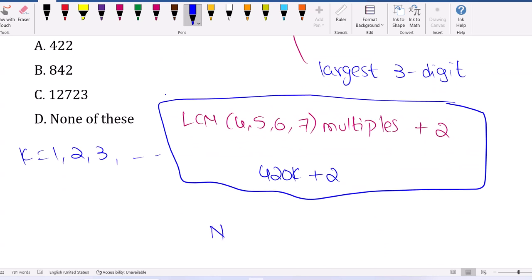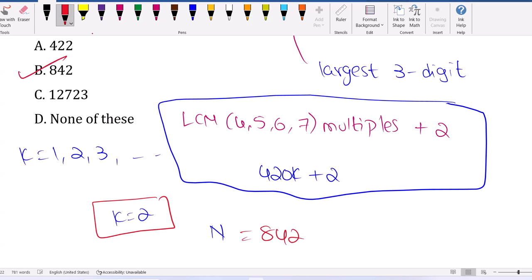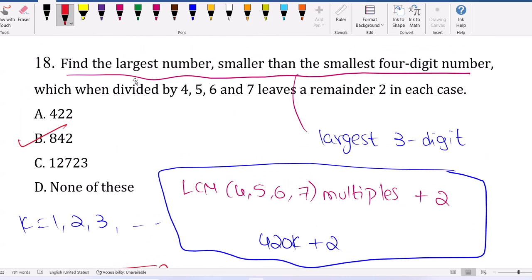When I put K value 2, whatever you want will be obtained, which is 842. Any doubt in this, please? Excellent question, indirectly given: find the largest number smaller than the smallest four-digit number means they are asking about the largest three-digit number.